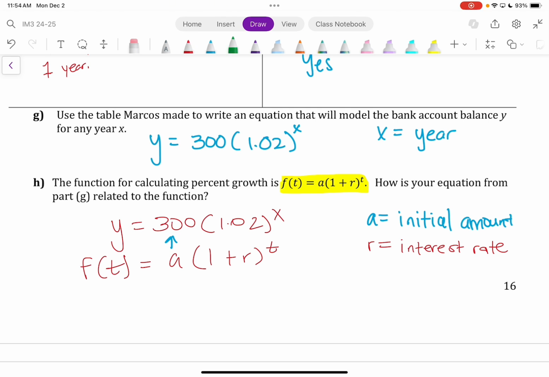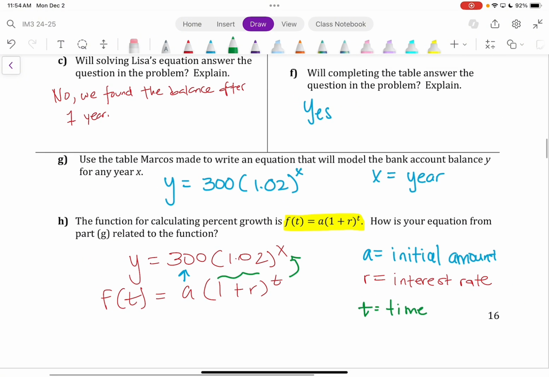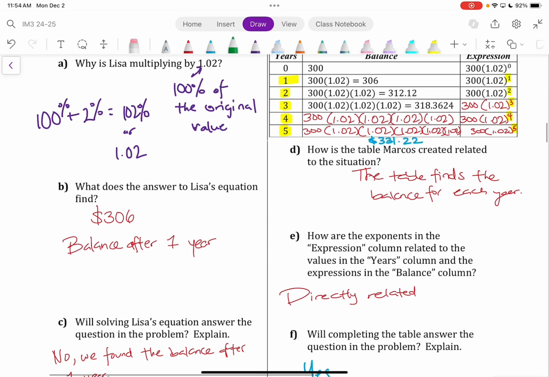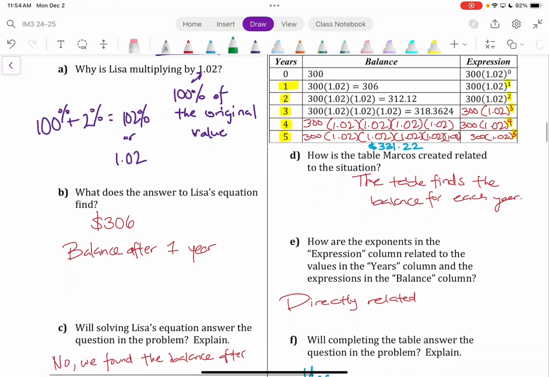And then T is time in years, or depends on how many times you're compounding this. But as we can see, it's all pretty much the same, right? So the T is equal to the X, and this is equal to that. All right. So hopefully this clarifies some of your questions or concerns for this part. We are going to work on the next example, and then we will take our break. I'll leave this up if you guys want to look back to this.